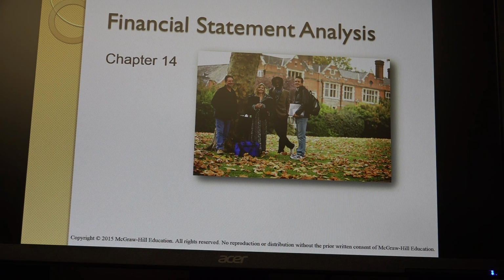Bankers, loan officers, this is what they do. They're not just going to loan money to anybody. You go in, you're a company that goes into your financial institution for a loan. First question they're going to have is, okay, let's see your financial statements, current financial statements.